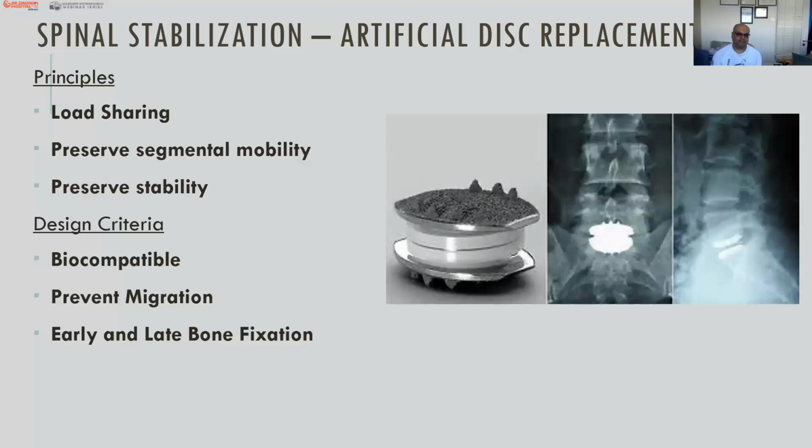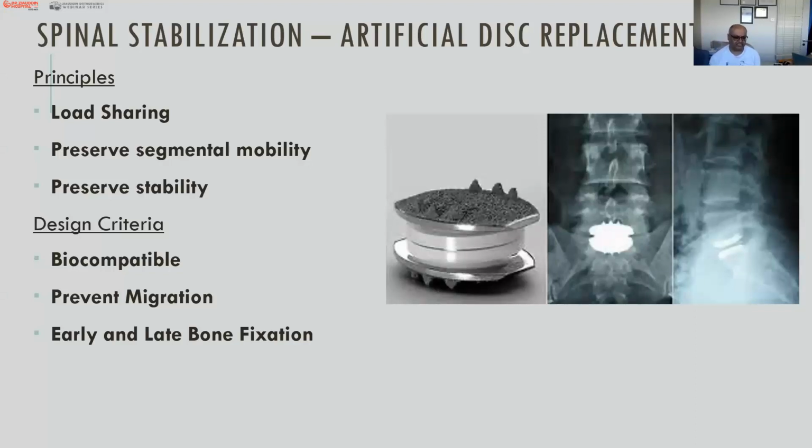We had to have biocompatible implants, implants that prevented migration, which had early and late good bone fixation, and which prevented bone resorption. Again, the concept was similar.